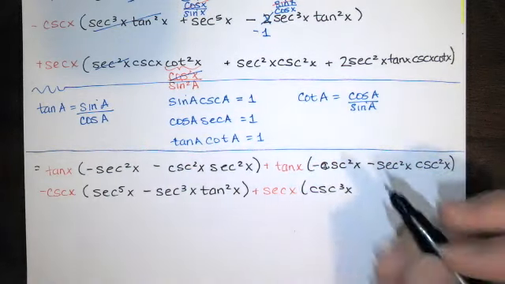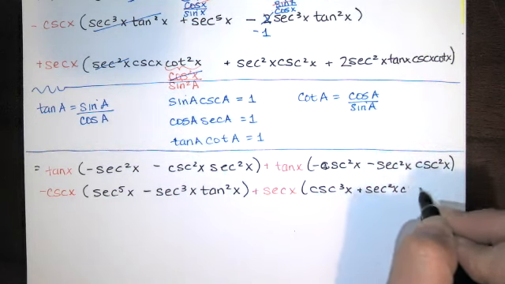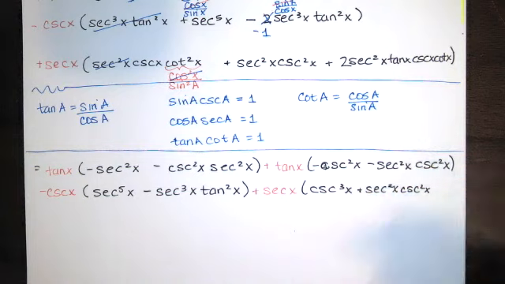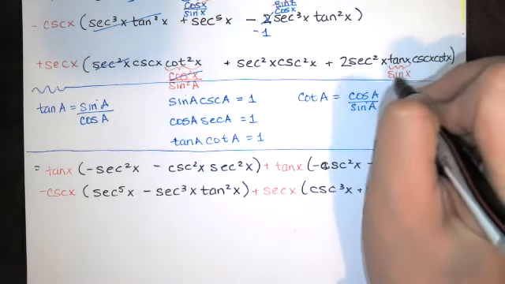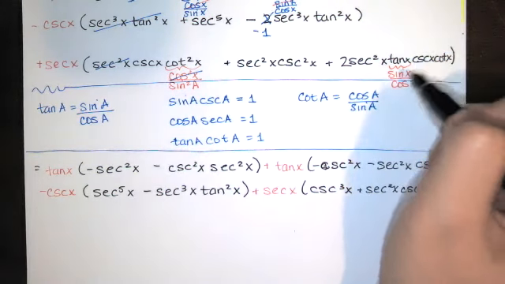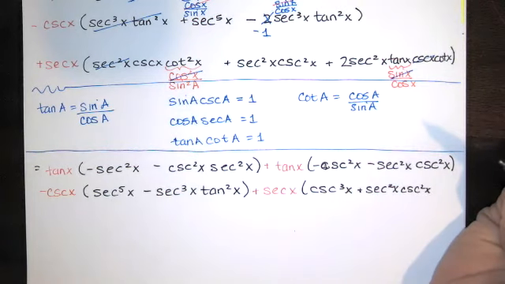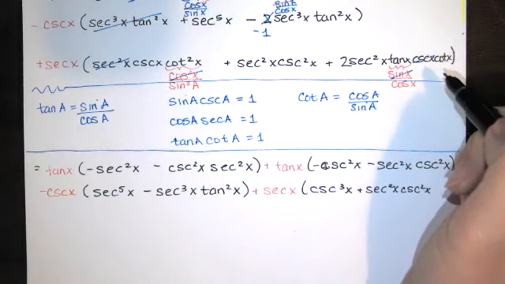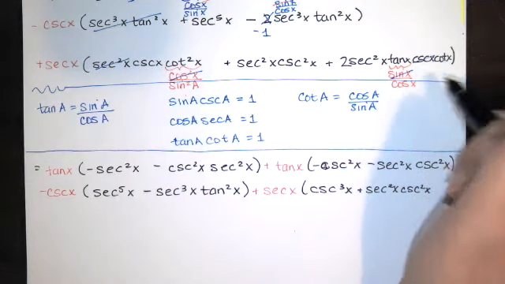I don't see anything that reduces there because there are no tangents or cotangents to rewrite. And then on this guy, I will write tangent as sine over cosine. And cosecant is a reciprocal of sine, so these guys multiply. Well, actually, yeah, we could do that, but it's easier to simplify something else first.